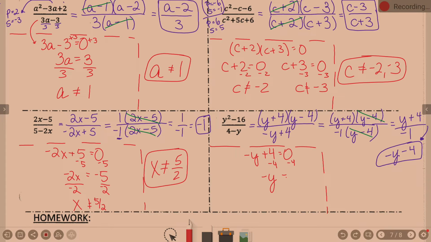Negative y equals negative 4. If it's negative y, how do I get rid of that negative? Divide by a negative 1. And a negative divided by a negative is a positive. Negative 4 divided by negative 1 is positive 4. So y cannot equal 4.